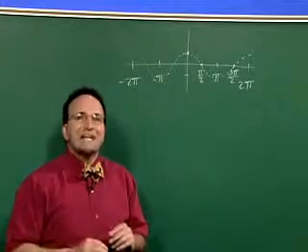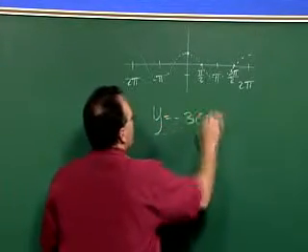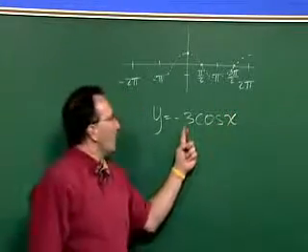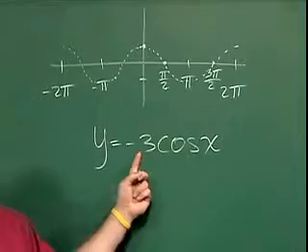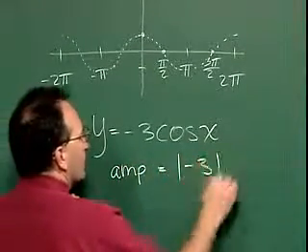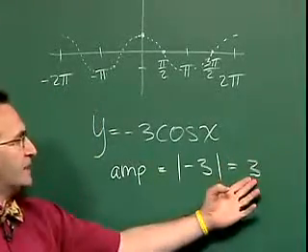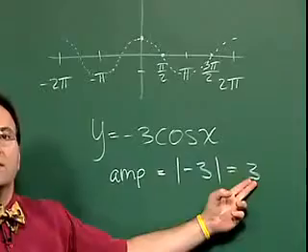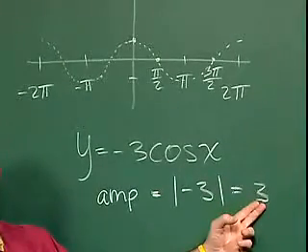What does the -3 in front of y equals -3 cosine x do? Well, if we use the idea of amplitude that we just discussed, the amplitude would be the absolute value of -3, or in other words, 3. And what that means is this is half the distance between the maximum and minimum values.